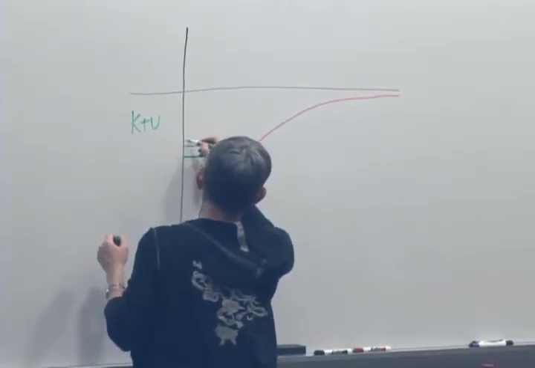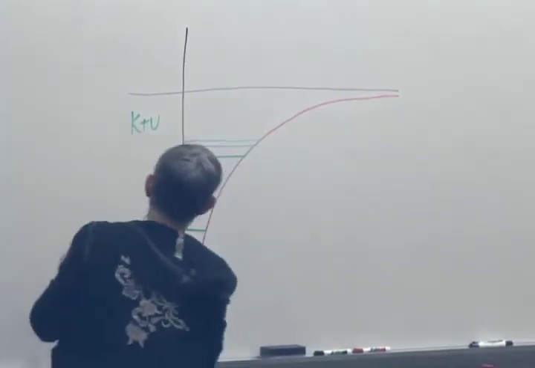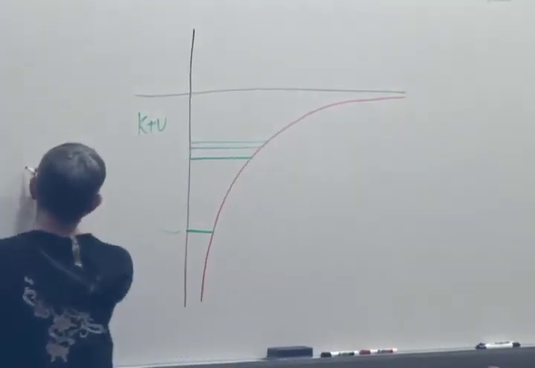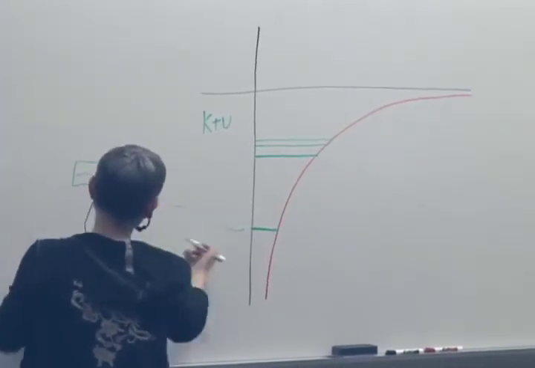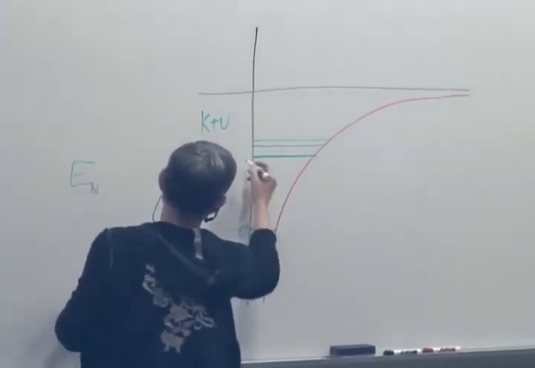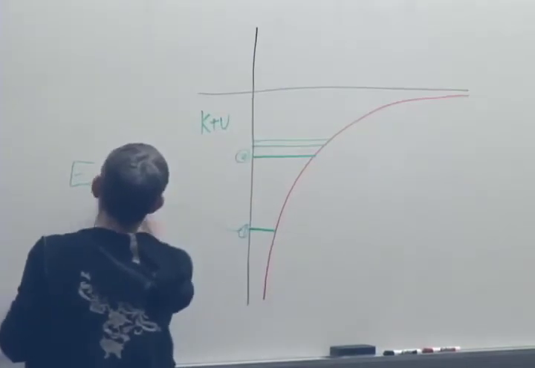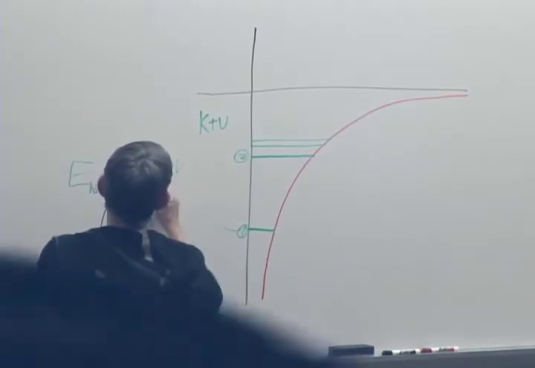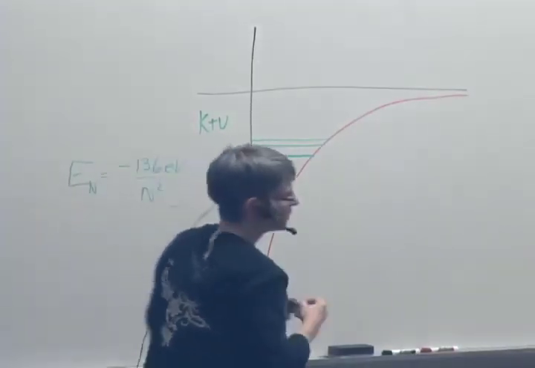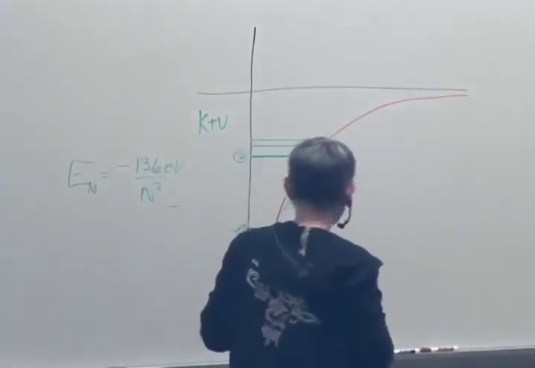These values were calculable: the energy of the nth state, where n equals 1, 2, etc., was minus 13.6 eV divided by n squared, and we calculated some of these.